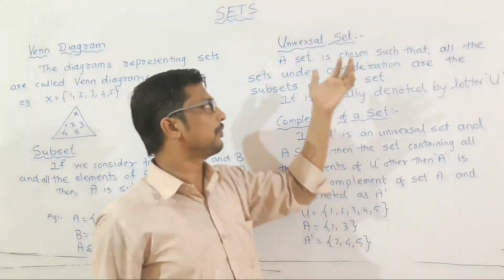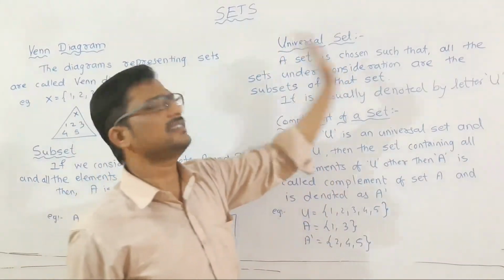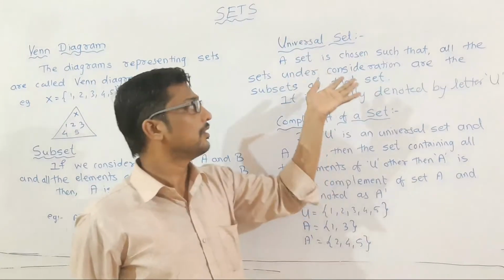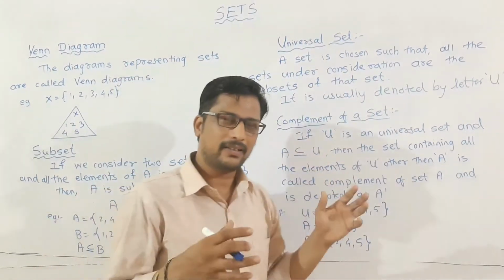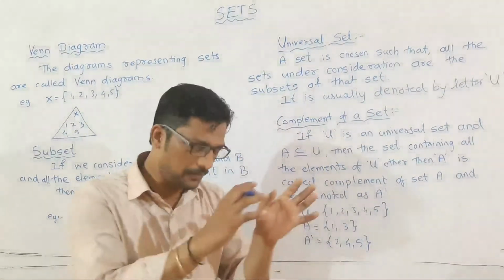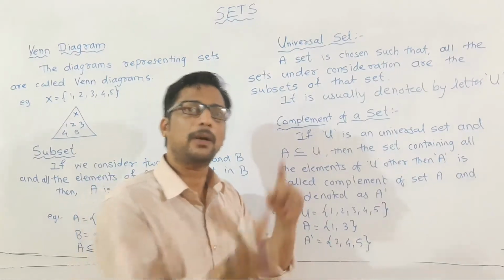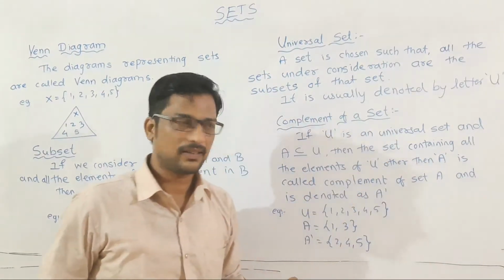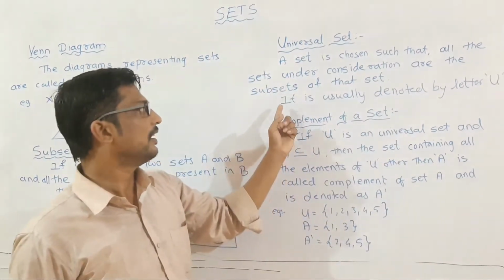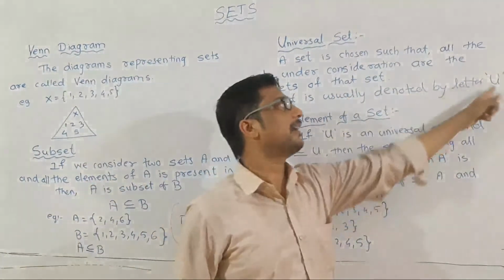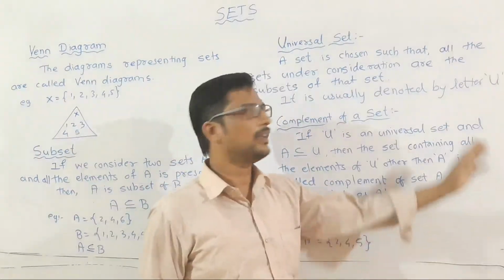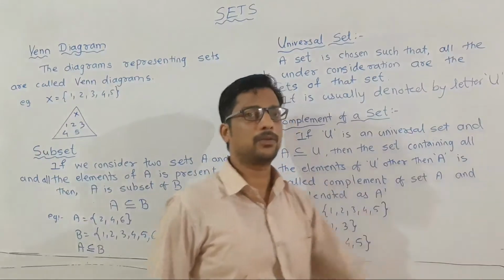So we will consider such a set so that all the sets under consideration in our study are subsets of that universal set. It is usually denoted by the capital letter U.